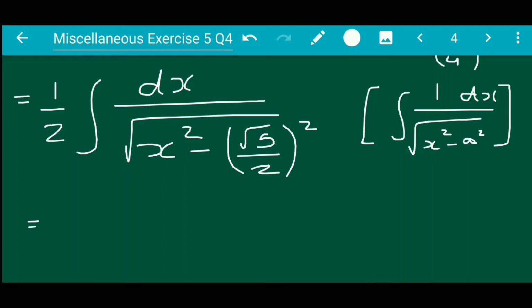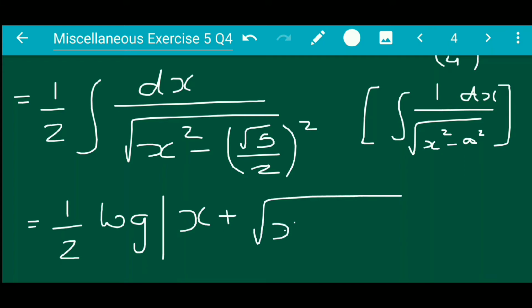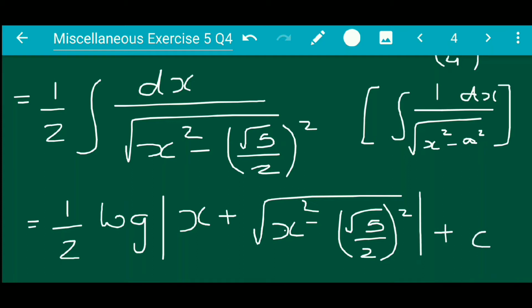So as a result, we know that the formula is 1 upon 2. The answer for this would be log of mod of x plus root of x square minus root 5 upon 2 the whole square. Just tell the formula in your mind, you will understand it.